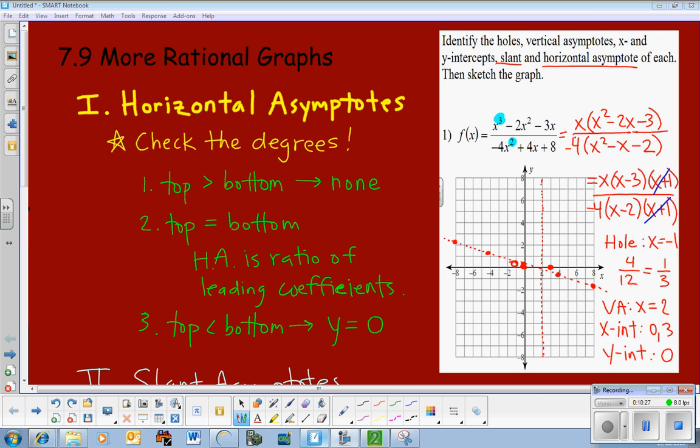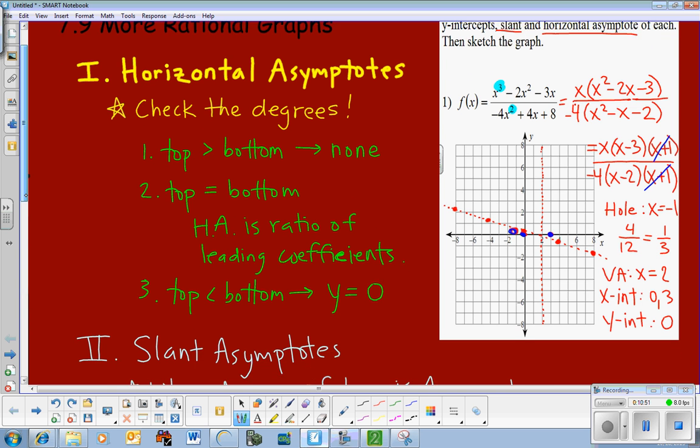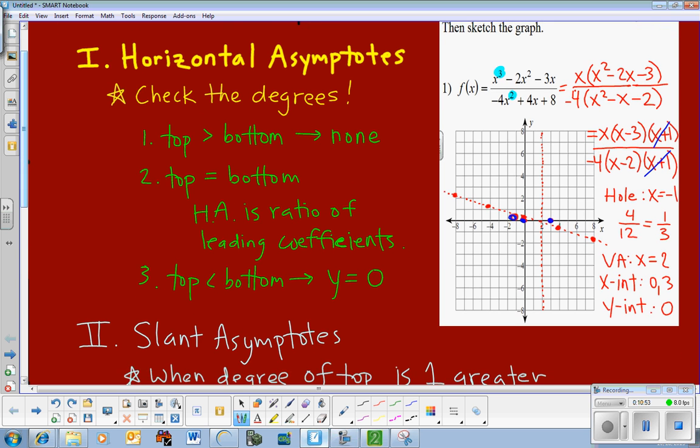What else do we have? We've identified holes, vertical asymptotes, intercepts, and slant and horizontal. So that's it. Let me change the points that are actually on my graph to blue so I can not confuse them with the points that are part of the asymptotes. So I've got a hole and 2 points, and I can pretty much tell what's going on. The asymptotes kind of trace out where you're going.